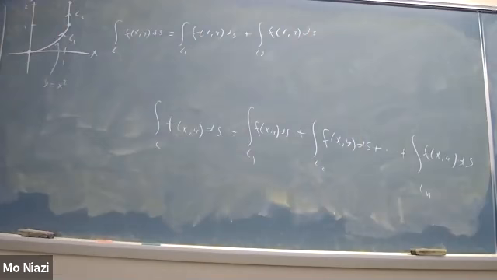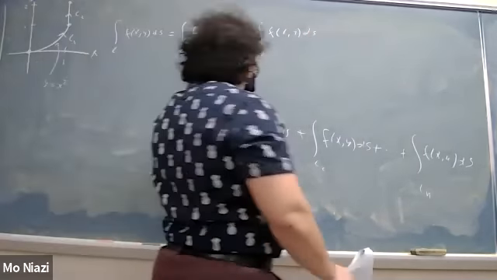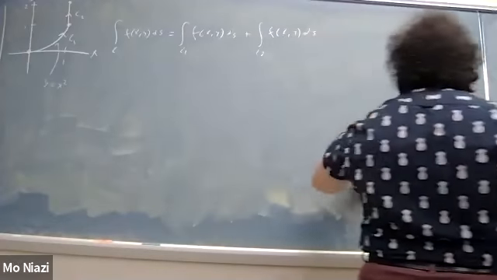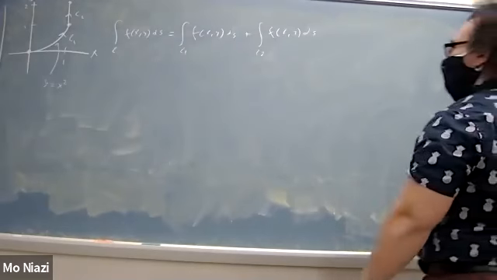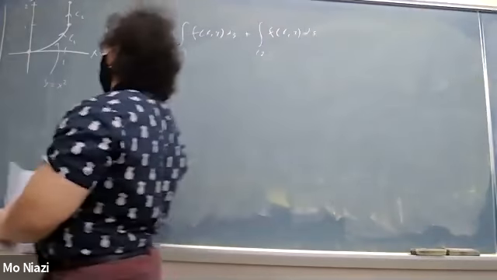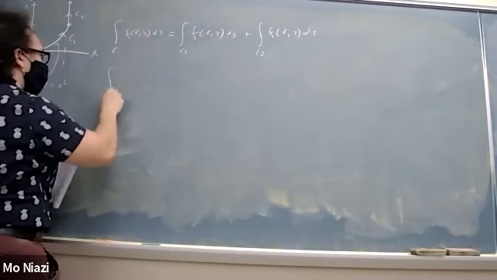Now, how do we parameterize our curve? Well, we parameterize curves C1 and C2 separately, because there is no one parameterization that works for the whole thing. You got to parameterize the C1 like so. Okay, so what we want to do, well, we want to find our function f of xy.